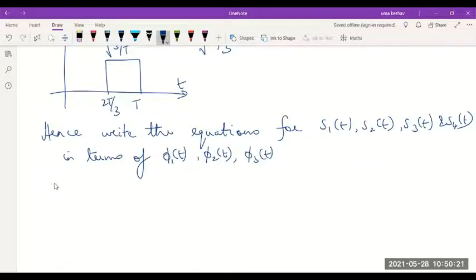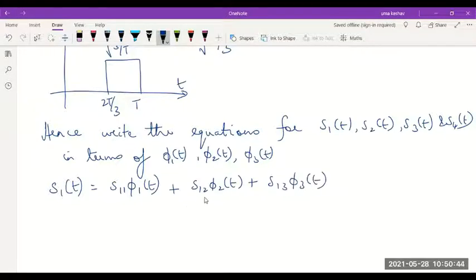How do I write? Do you remember what is the expression for S1? S1 will be defined as S11 phi 1 of t plus S12 phi 2 of t plus S13 phi 3 of t. Remember, these two values don't exist. They are zeros. So this equation will be just S11 into phi 1.